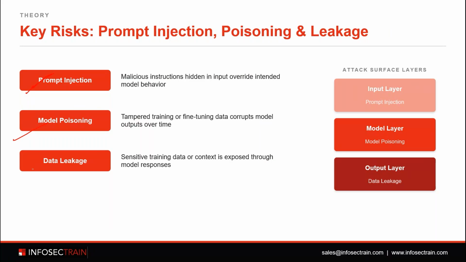The third one is data leakage. Now in data leakage, what happens? The unintended exposure of sensitive or proprietary information through AI outputs. So here also you have to give the prompt. So let's say a user asks an AI assistant about company policies and it accidentally reveals confidential internal documents.